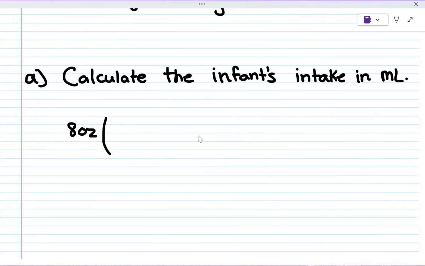Our final answer has to be in milliliters. So what we have to do is use what we have. It says the infant vomits 30 milliliters and voids 3 times. So it's going to be 8 ounces times 30 milliliters over 10 ounces.